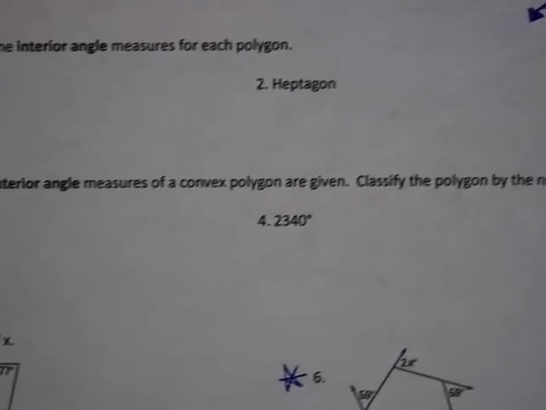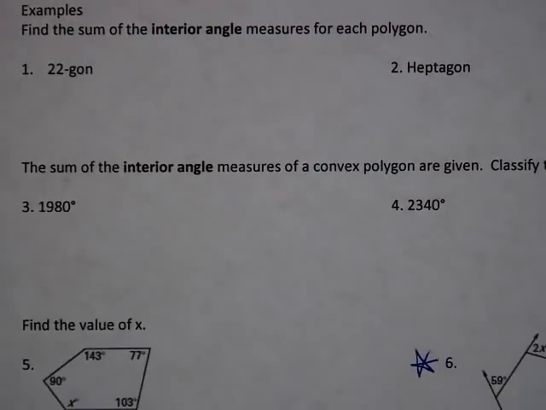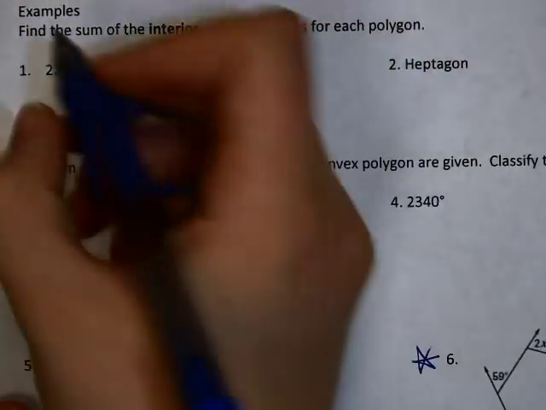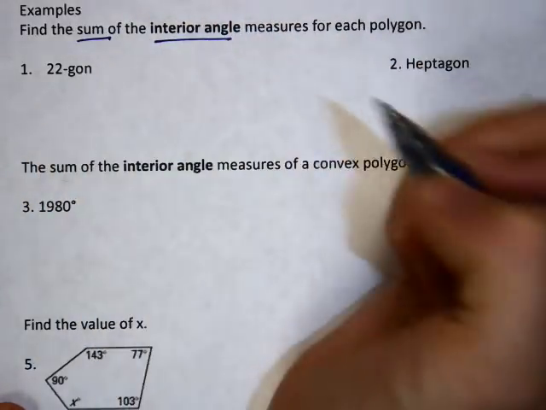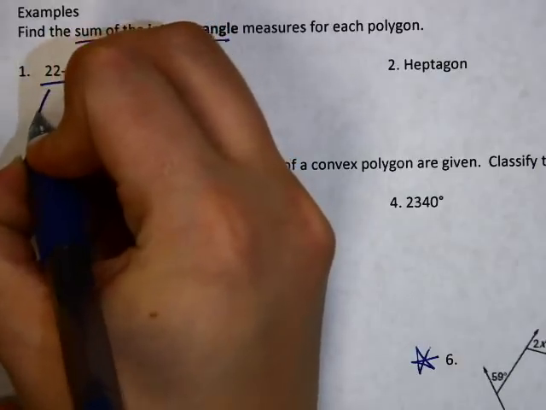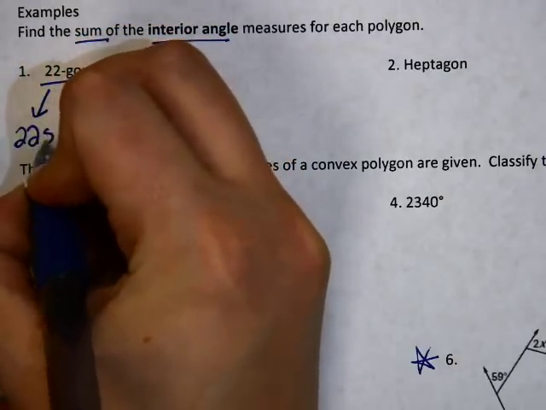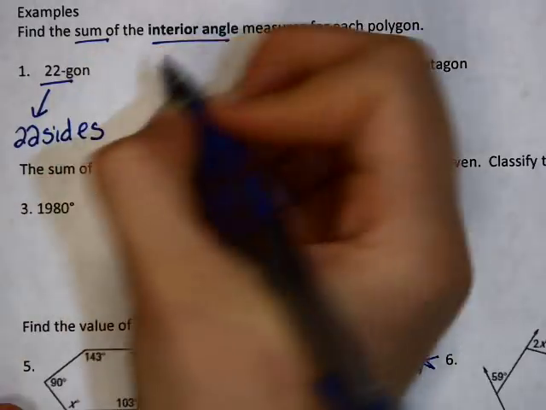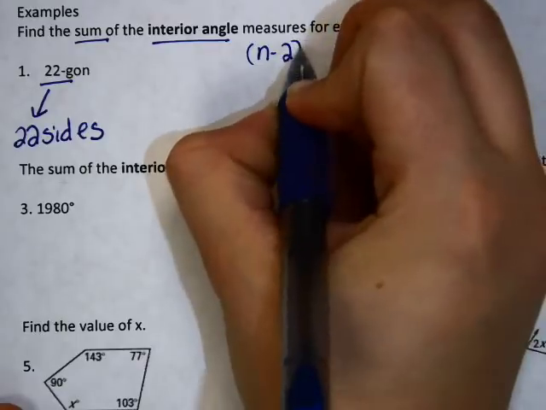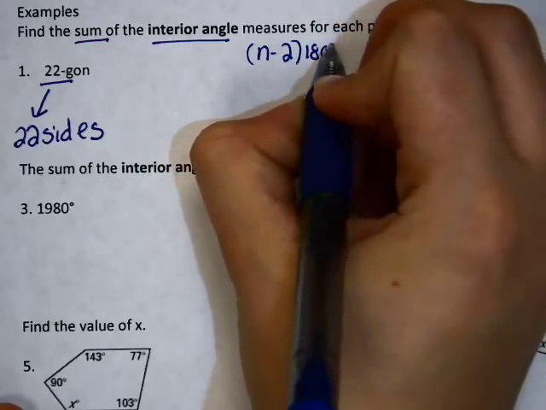Alrighty, let's try some examples of finding the sum of interior angle measures. Earlier I talked about how we can find the measures for a 22-gon, so now let's do that. For the sum of the interior angle measures, a 22-gon means I have 22 sides. So I use my formula, n minus 2 times 180 degrees.